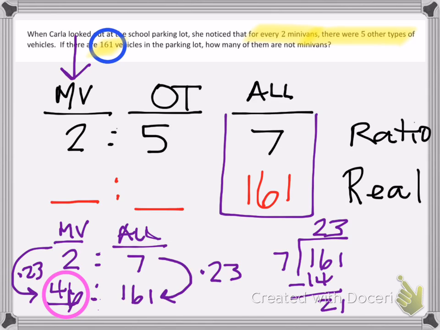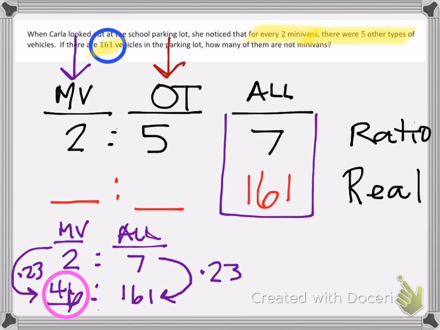How do we find the total number of all other vehicles? Well, we set up another ratio. And this time, I'm going to use the other vehicles number. So other vehicles is 5. I'm going to compare that to all vehicles, again right here, which is 7.